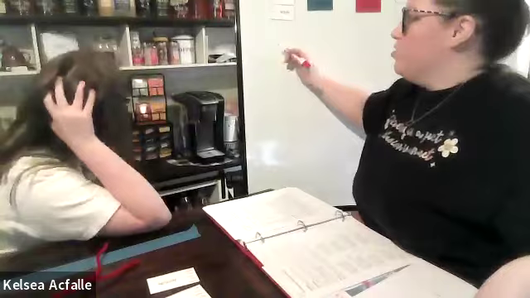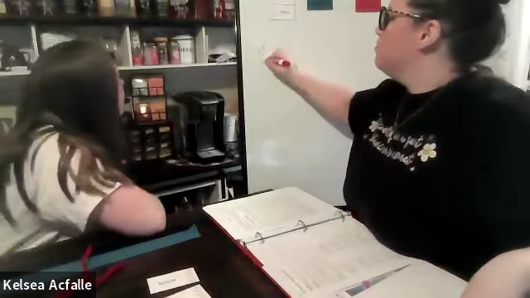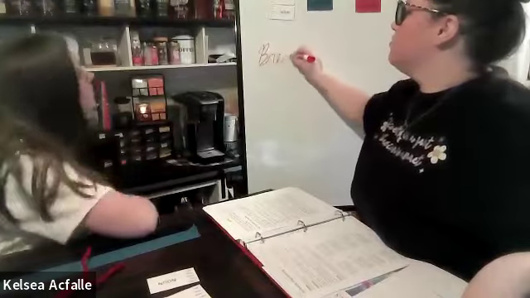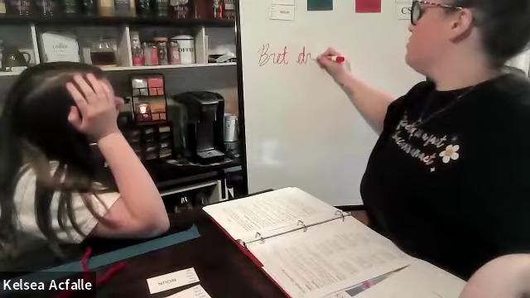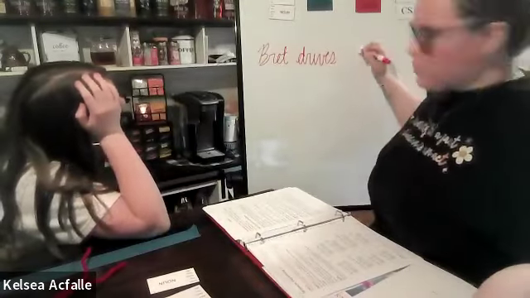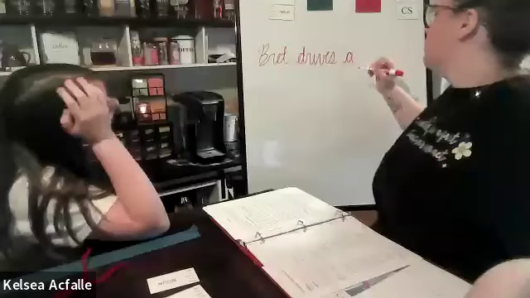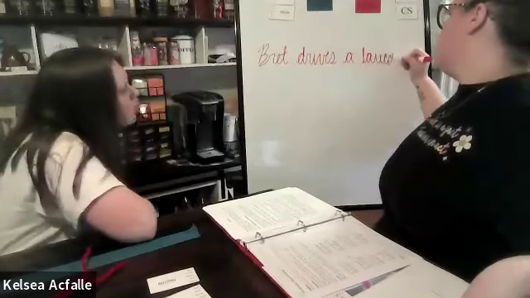I'm going to write the words for the sentence, and you're going to echo each word, and then I'm going to read the sentence, and you're going to echo the sentence. Okay? Brett drives a taxi cab.